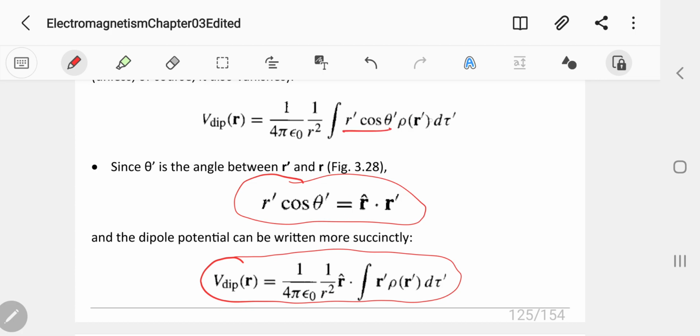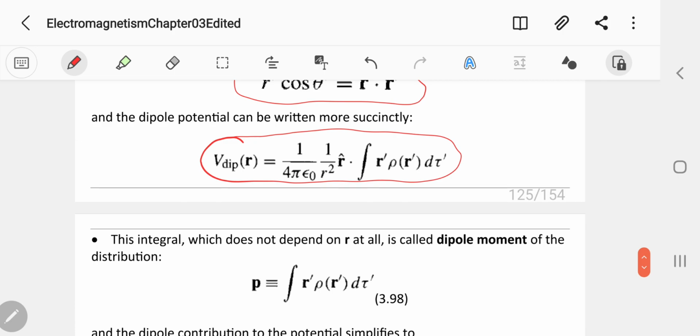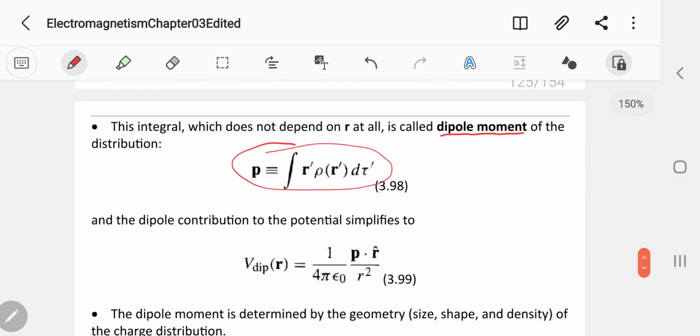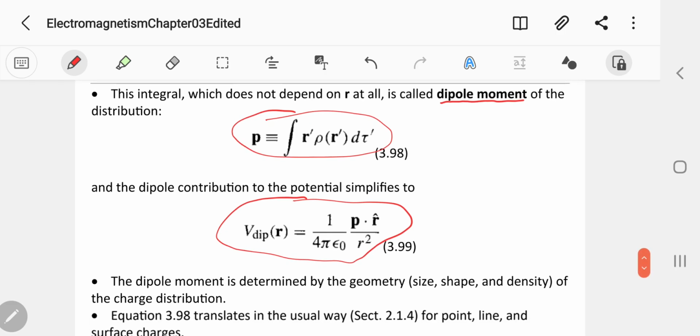Just replace this with this one, and we can define the dipole moment to be this one here. And therefore we can rewrite the dipole potential to be this expression, just substituting a formula.